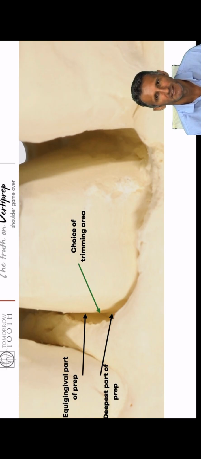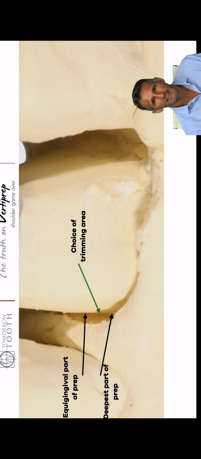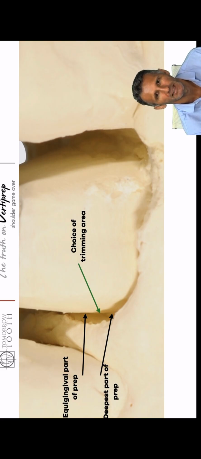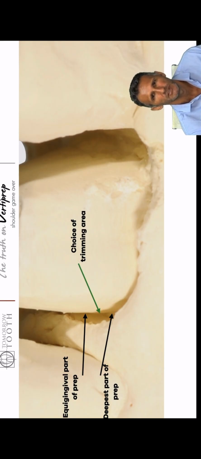In some cases, in a lot of cases, your technician will tend to place the finish line too deep, and when you receive your crown after the healing of soft tissue, you won't be able to place your crown because of ischemia on soft tissue. Tissue will become white and the patient will experience a lot of compression of soft tissue, like if you are probing with some force, okay, because the crown is too deep.